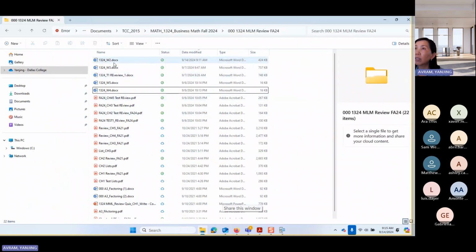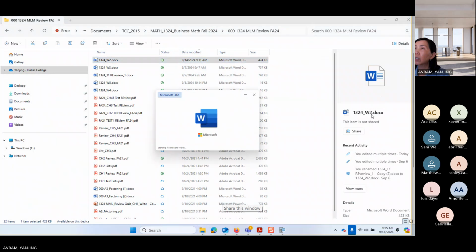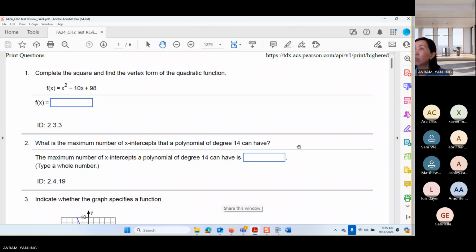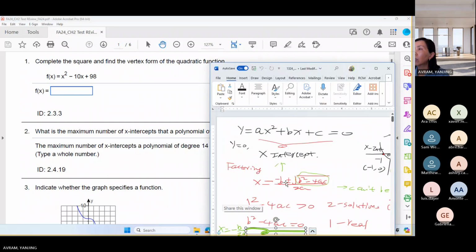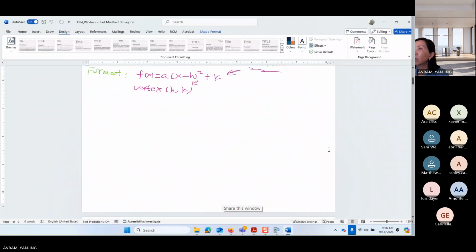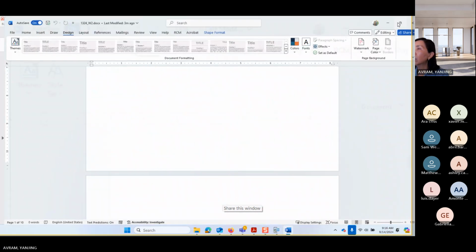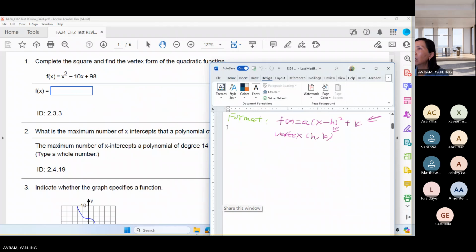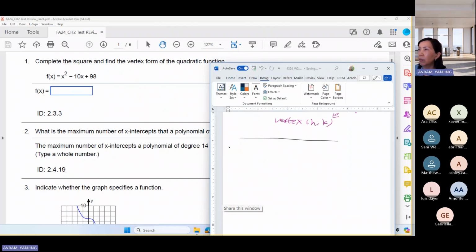Let me go ahead and then... Okay, I'm trying to get this one a little bit bigger. Okay, so we can do it from here. Let's look at the first one right here.